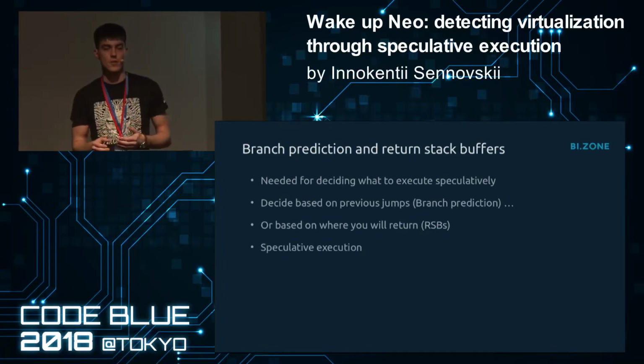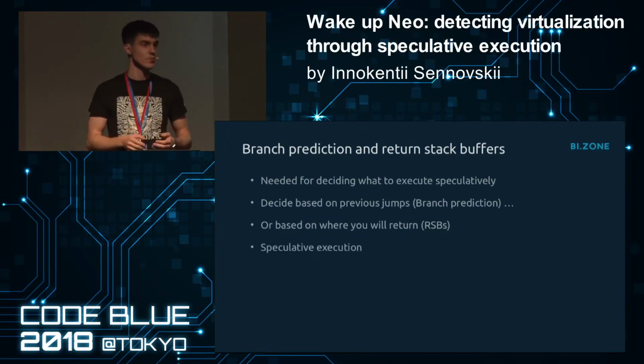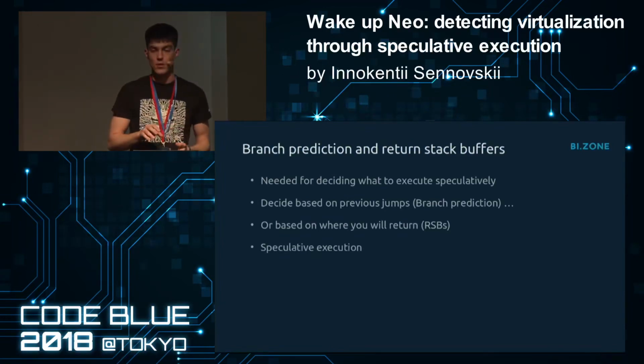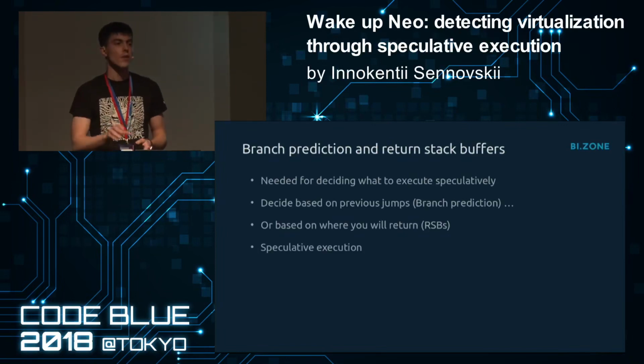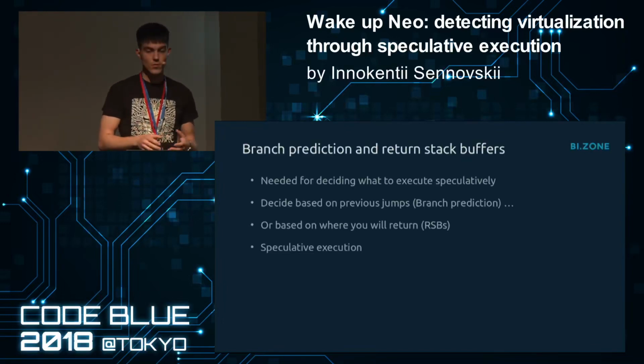Return stack buffers contain up to 16 return locations for previous calls. So basically, each time you use a call in Intel x86 or Intel x64, the location to which the function you are calling has to return is cached in this return stack buffer, which is on the CPU.